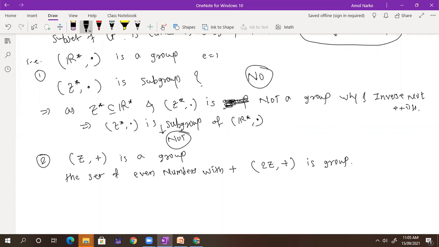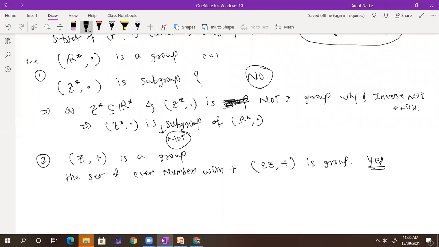Check it out now. Closure is there, no problem. Associativity is there, no problem. What is the identity here? 0 only. So the identity element is 0. And what about the inverse of each element? Whether the inverse of each element exists here? Yes, so it is a group.